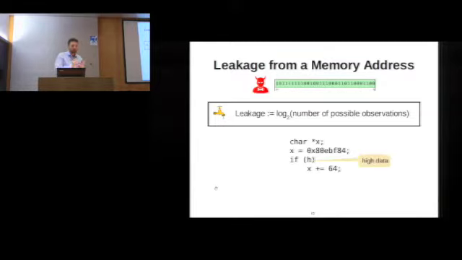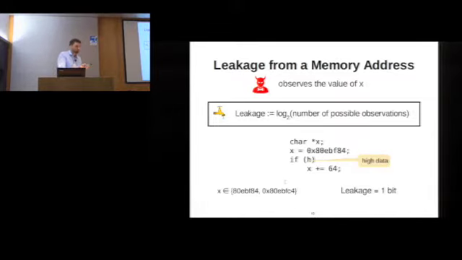And we have a high variable. This means it contains, for example, some secret bit. And if this high variable is not 0, then we will add 64 to x. Now, how much information leaks to an attacker who can observe the final value of x? We have two possible values of x, so the leakage is going to be 1 bit.